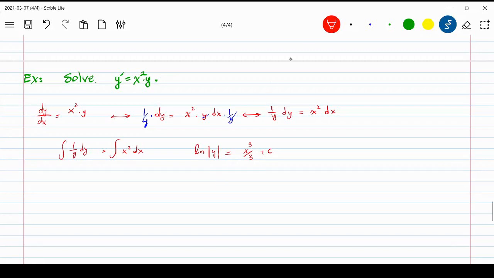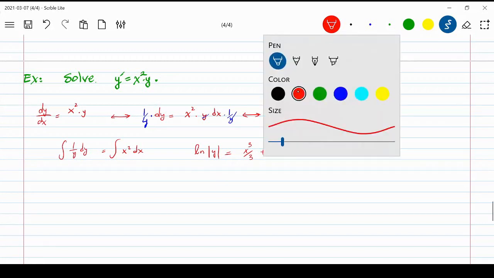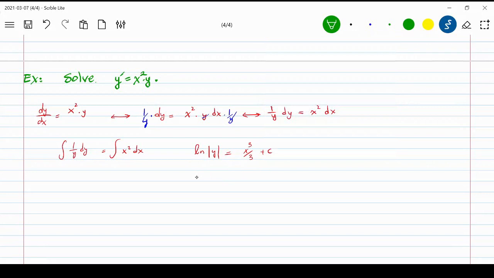Now here you can solve for y. What would y be? If you raise both sides to the power e, you get the absolute value of y equals e to the power x cubed over 3 plus some constant in the exponent.